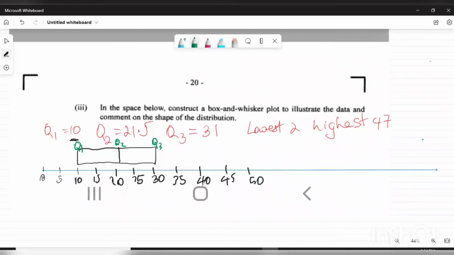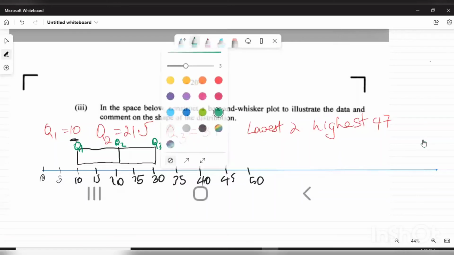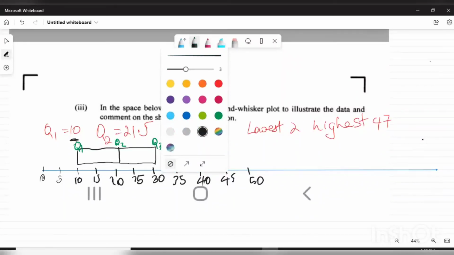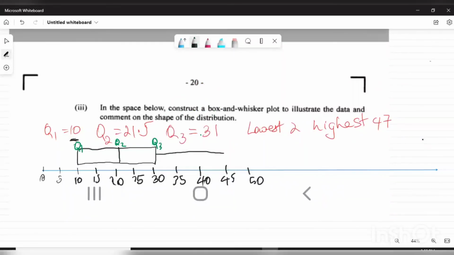Then you want to have a line from here. You're going to go to about 47 because that's your max. Hold on, guys. This thing will give me some problem right now. See here, you go to about 47. So this is where 47 is.